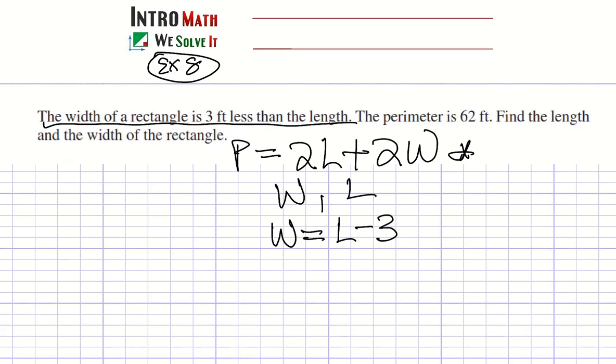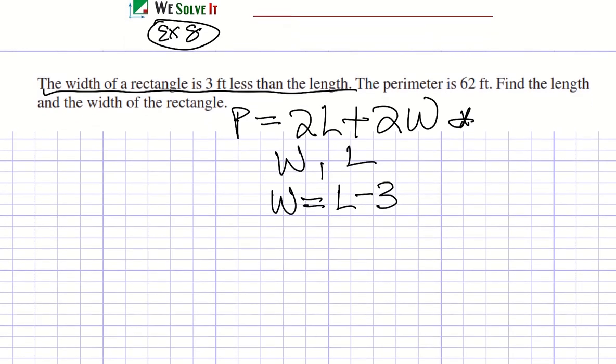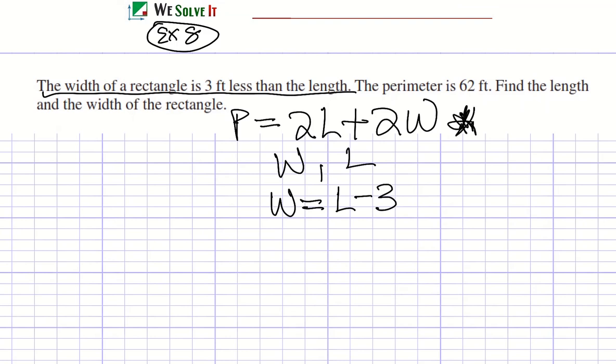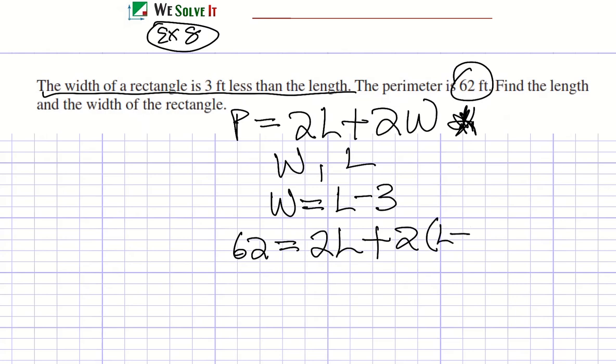So, if the width is equal to L minus 3, then you put that into the perimeter formula. P is 62. You say 62 is equal to 2L plus 2 times L minus 3.